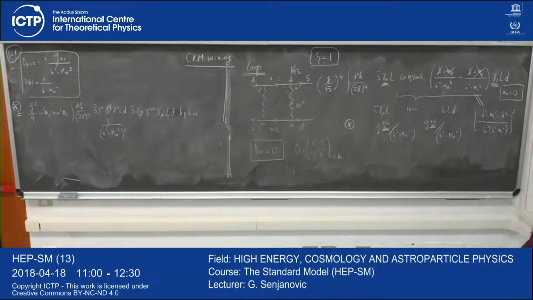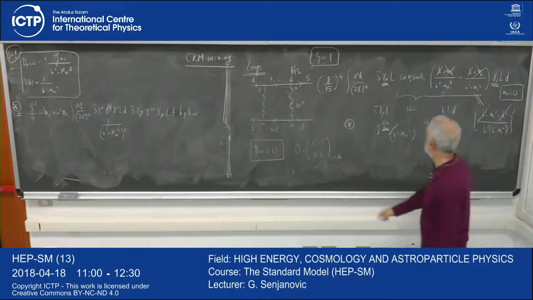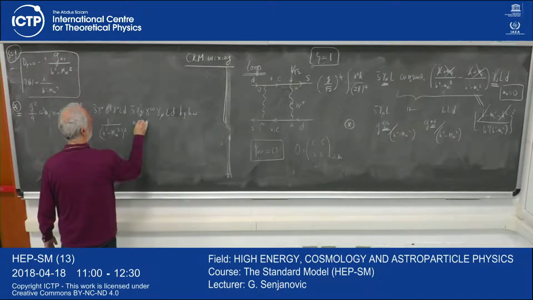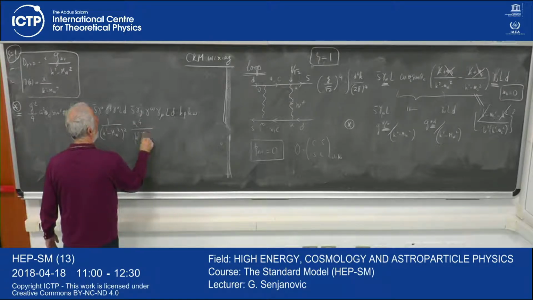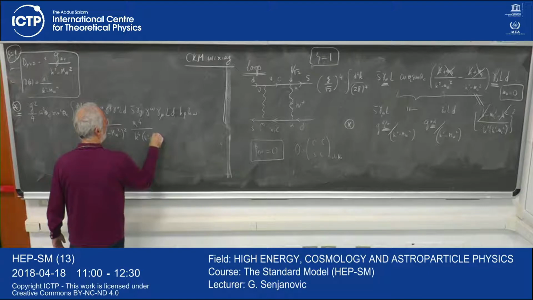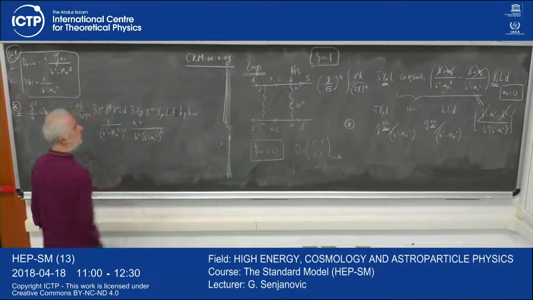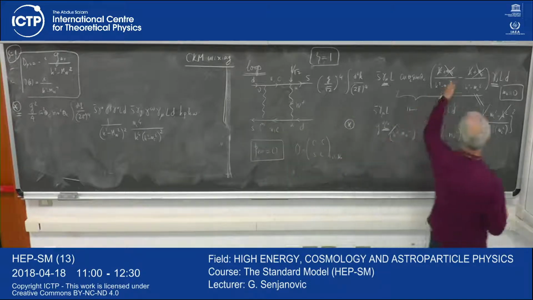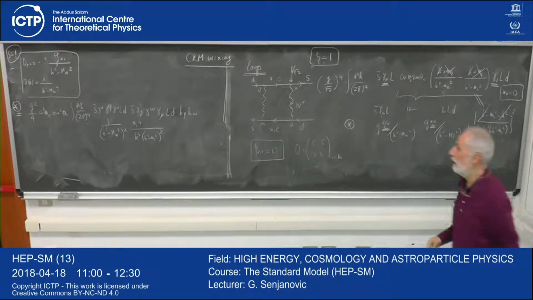It's completely negligible, so k squared cancels. I will get M_c to the 4th over k to the 4th, (k squared minus M_c squared) squared. I have that twice, because I have it both in the numerator and the denominator.